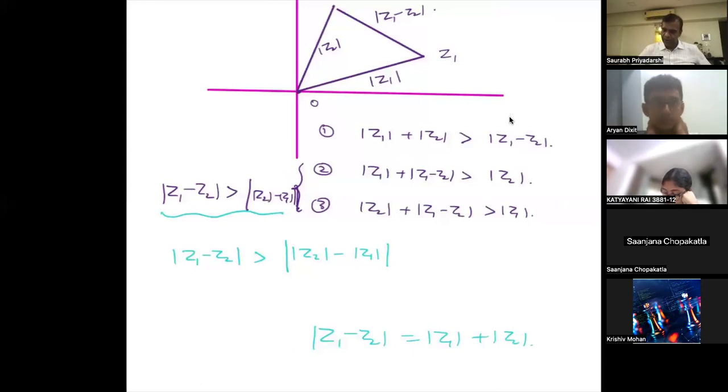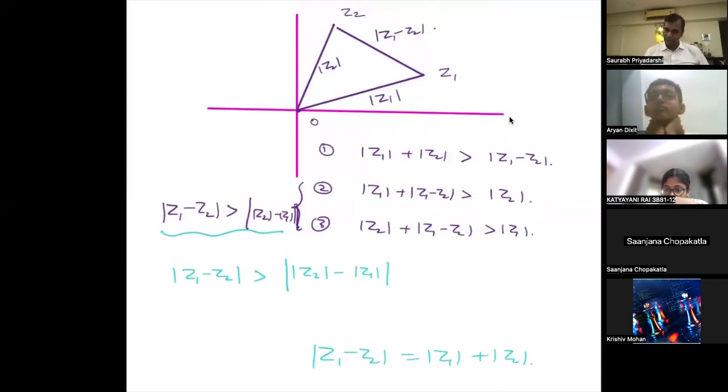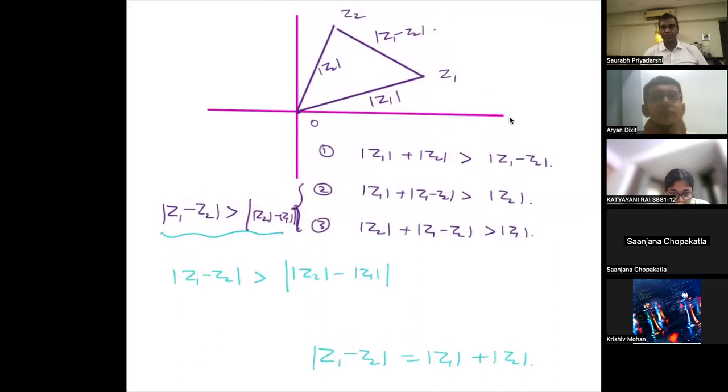Can anyone see how this is coming? If you are getting the equality sign in any triangle, what's the meaning of this? How does this degenerate figure come, and where are the points origin, Z1, Z2 lying?